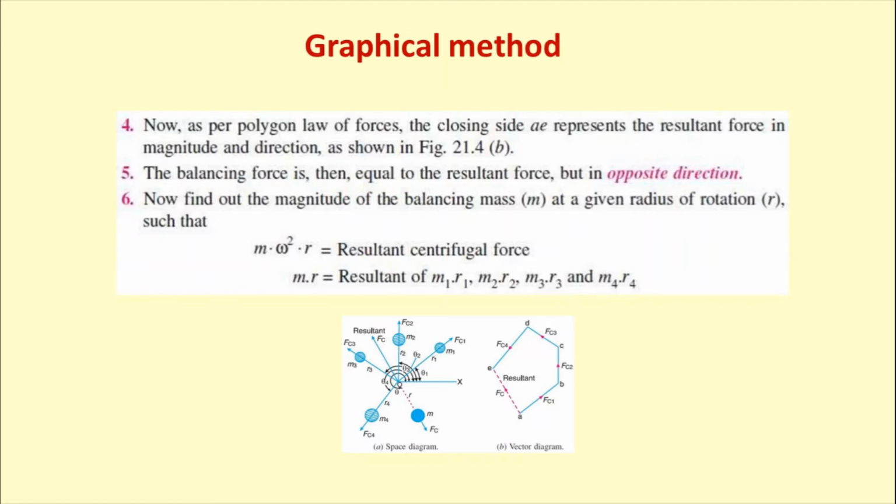Finally, this diagram will end at point E, so it will be an incomplete diagram. To get the resultant unbalanced centrifugal force, we have to connect a straight line from point A to point E. This line represents the resultant unbalanced force.